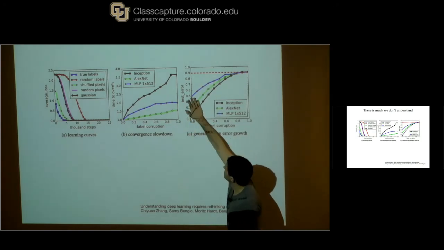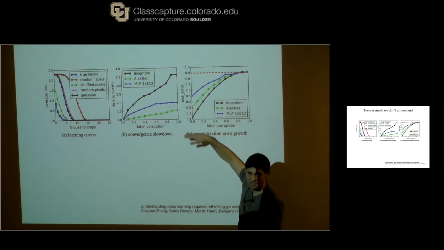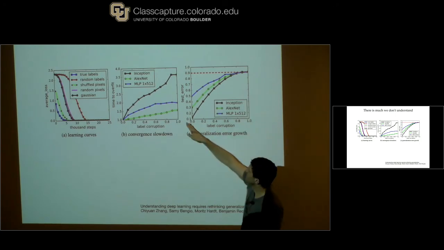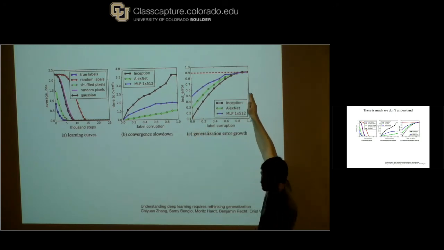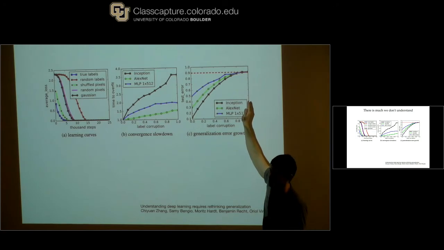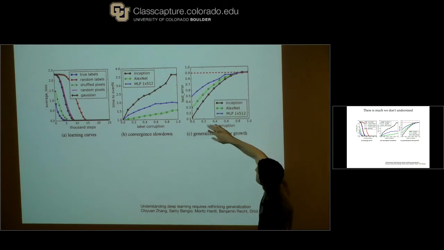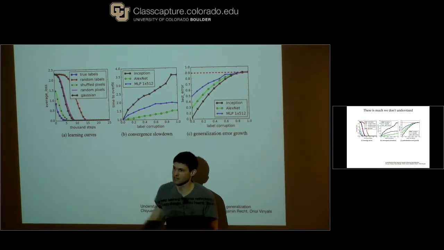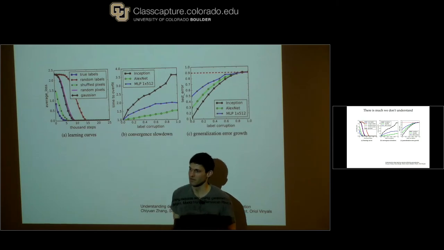So it goes from having good performance to having just chance performance once you randomize all the labels. This is a very small neural network. This is a very big neural network. But in all of these cases, even these simple neural networks are flexible enough that they can fit randomized labels if that's all you give them.